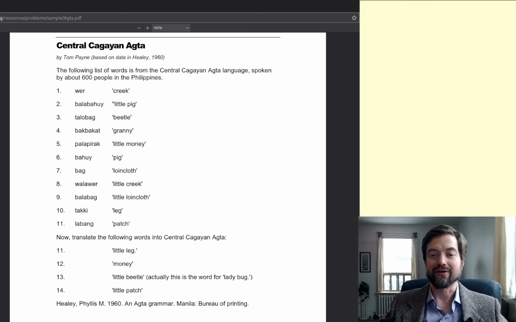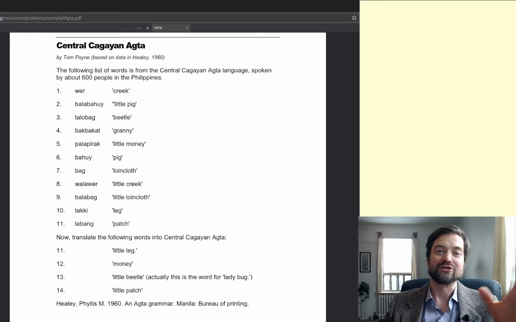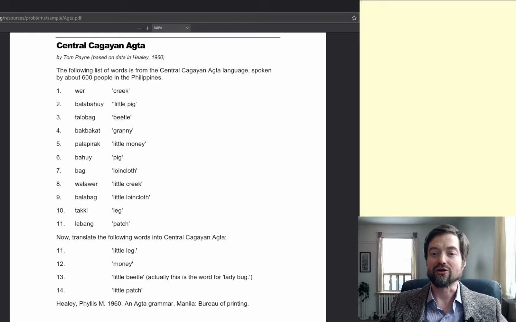You kind of imagine you're traveling around the world and we're going to some place you've maybe never heard of, and this is a language we've almost certainly never heard of. Only 600 speakers in this central Cagayan area, the Agta language. And I'm tempted to just go to Wikipedia, look up the Agta language, read about it and see what it's all about. But you don't need to do that for any of these puzzles.